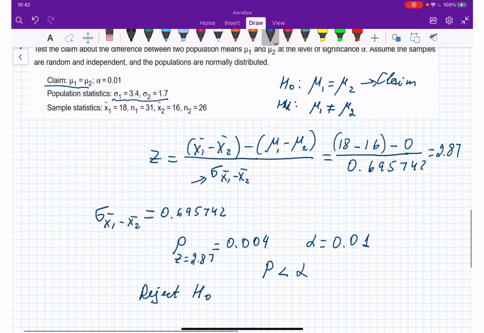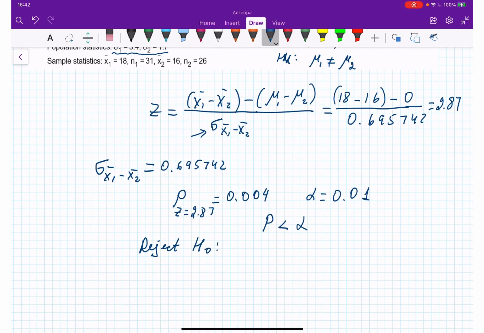We say we reject the null hypothesis, and there is enough evidence to reject the claim at 1% significance level. This is 1%, right? So reject the claim. And the whole sentence you can form already.